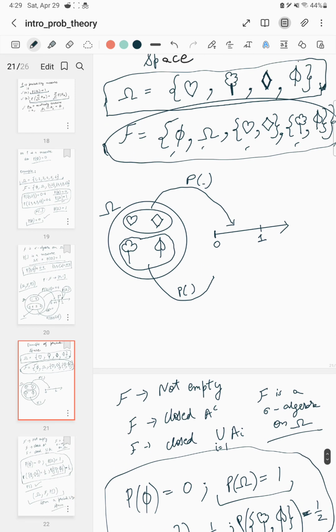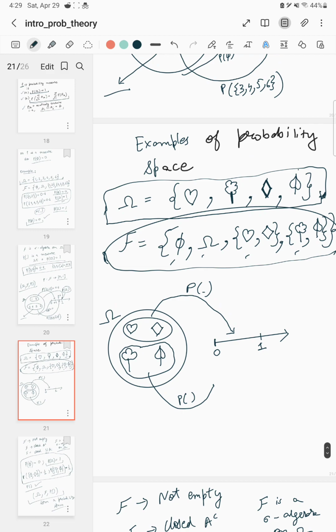Hope this example makes this concept easier to identify. We can also see this visually. Let's say this is an event, heart and diamond. The event that the card drawn is either of these two is a part of the sigma algebra, yes. So the probability of getting a heart or a diamond is half. Similarly, the probability of getting a black card is also half.